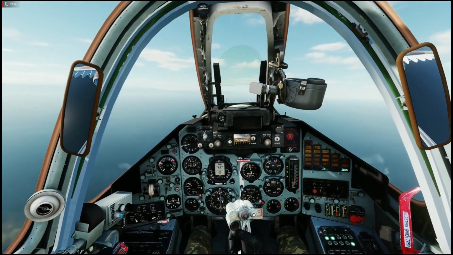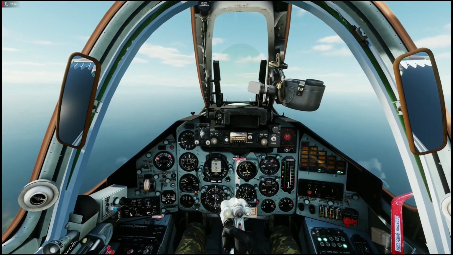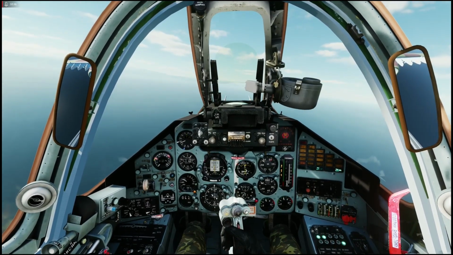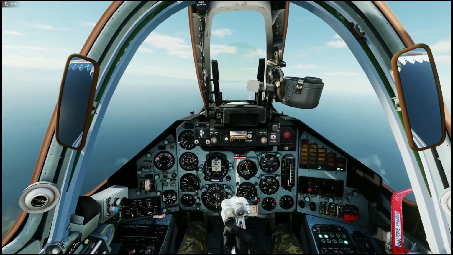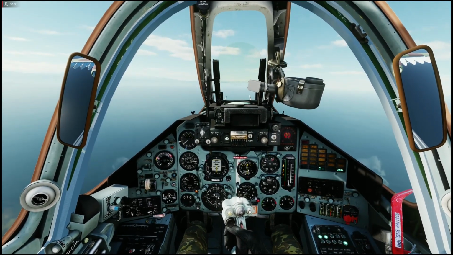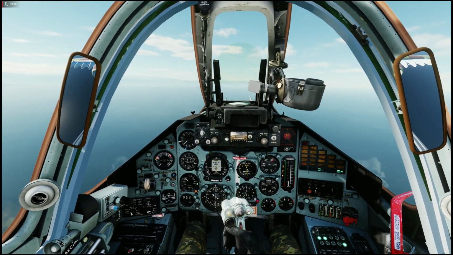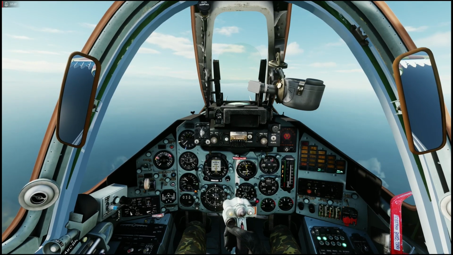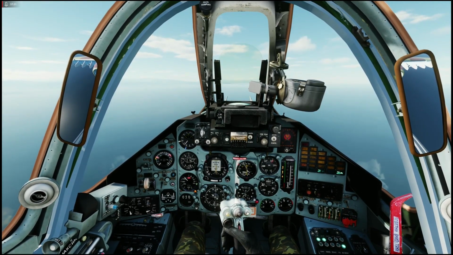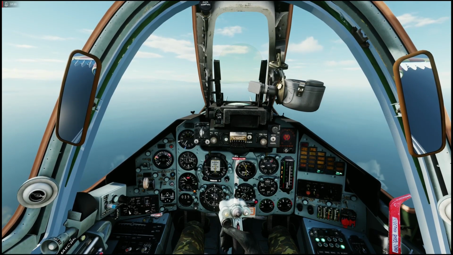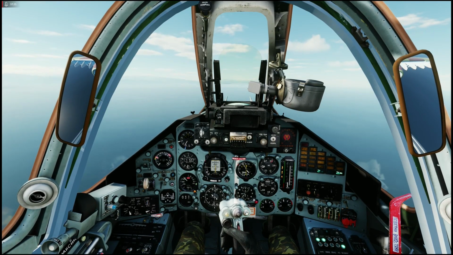42 kilometers left. And as we learned in the landing session, she likes to float, so always be early on the air brakes, and it's better to accelerate than trying to brake. The air brakes are not that good.